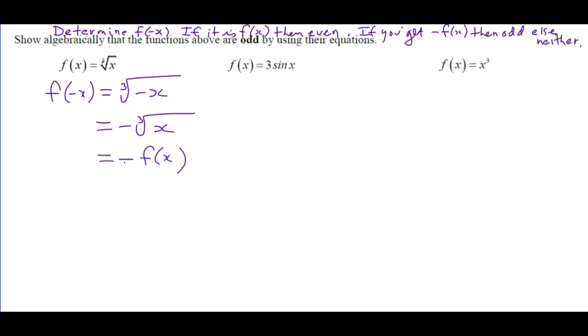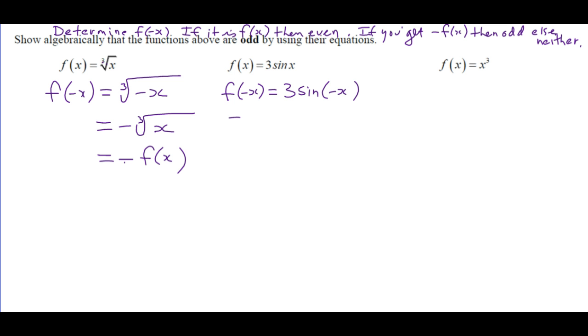We're going to do with sine x very similar to what we did with cos x. So we're going to do f of negative x, which is 3 sine negative x. Now you know what we're going to do. We're going to write negative x as 0 minus x, and then use sine a minus b.